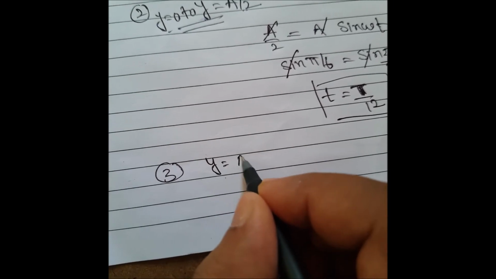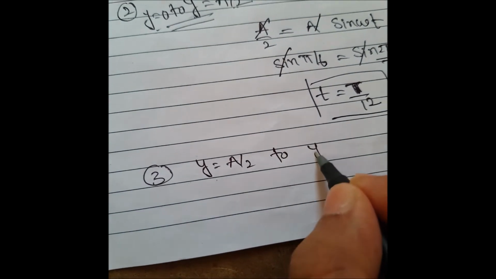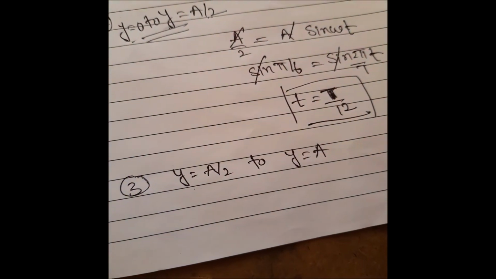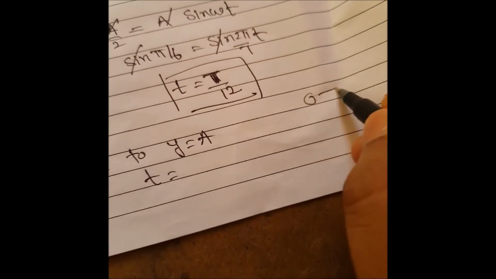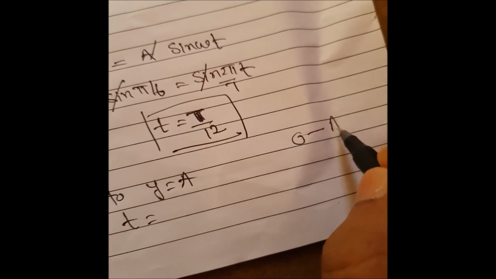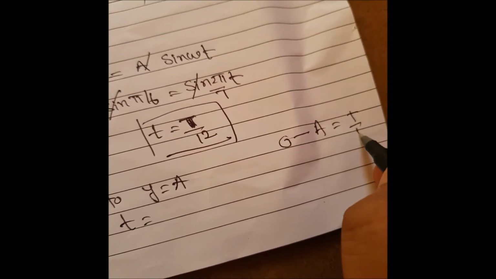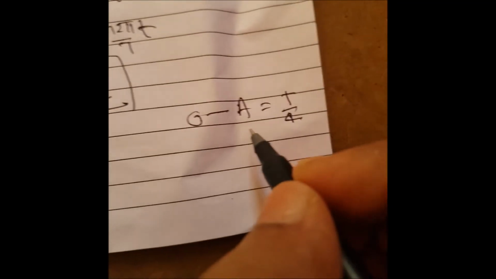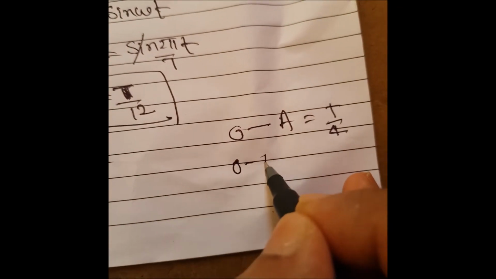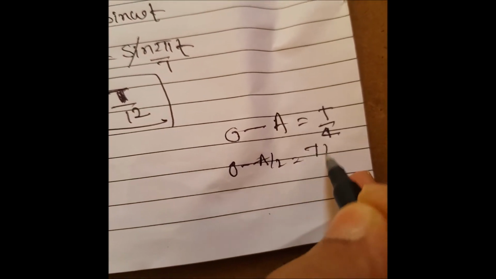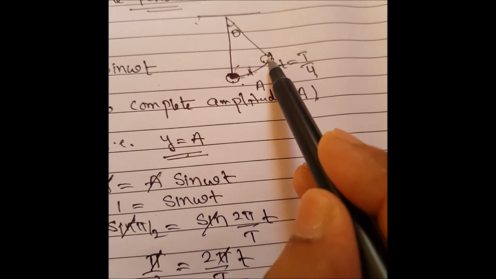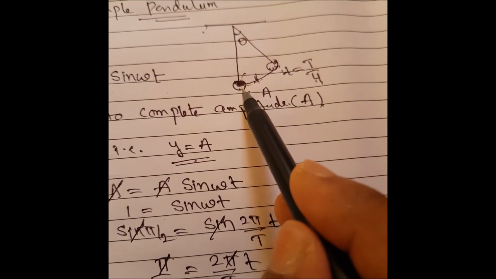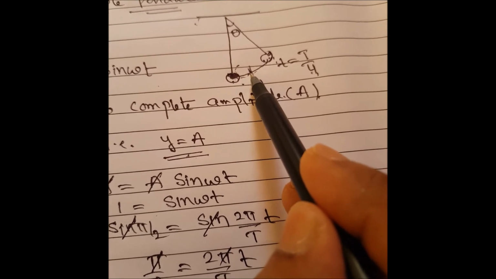Now what is the time required from a by 2 to a? We know that 0 to a takes T by 4, and 0 to a by 2 takes T by 12.